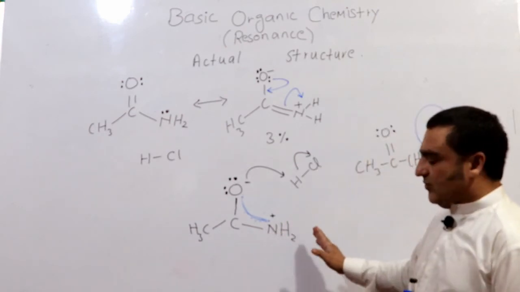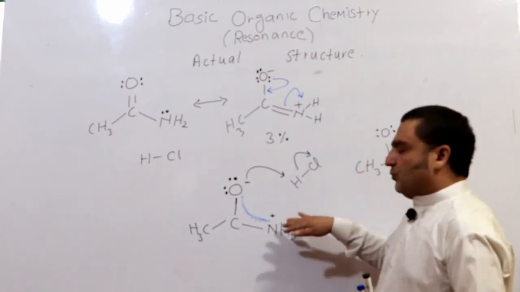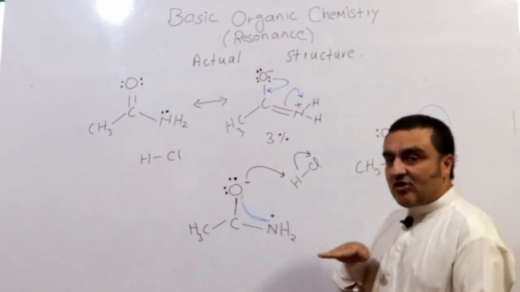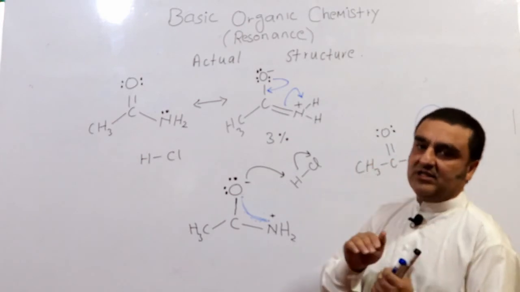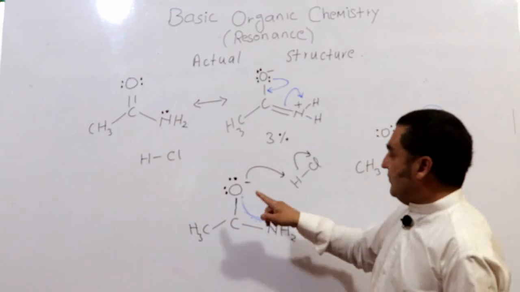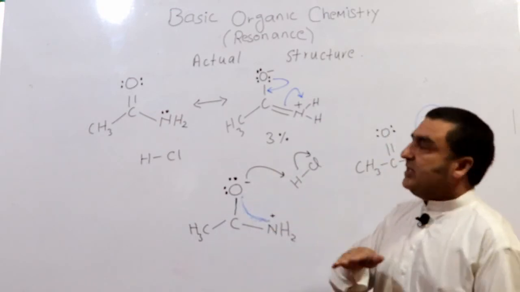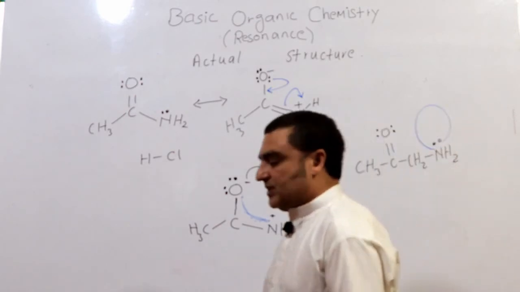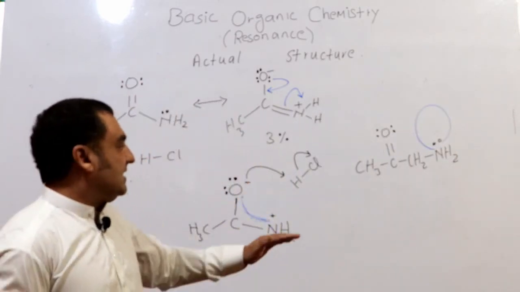So the actual molecule will be like poor nitrogen with a decreased basicity, and oxygen with an increased basicity. This oxygen will be more basic than a common carbonyl oxygen, and this nitrogen will be less basic than usual.